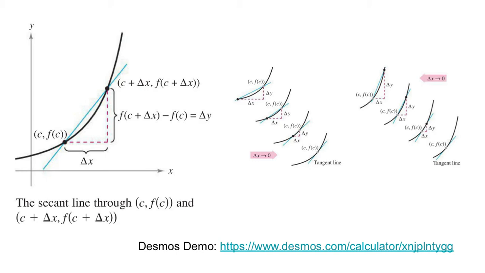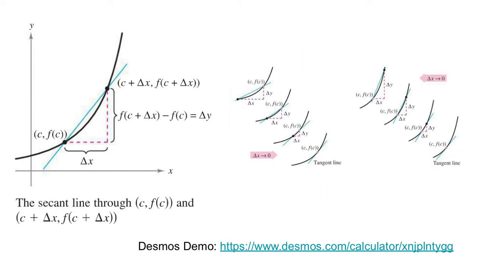When we're calculating a secant line, we would do that just like we would with any other line. We would figure out what the slope of that blue line is, the change in y over the change in x, and we'd be able to figure out the equation. Instead of figuring out the equation, we're simply going to focus on the slope, the change in y over the change in x.